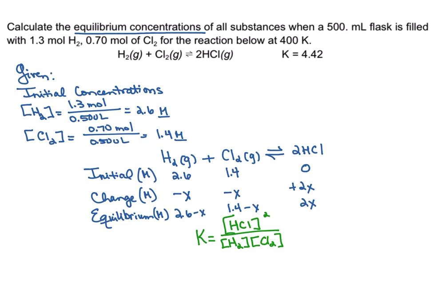All right, so we're going to start substituting some numbers so that we can solve for our x. So I'm going to rewrite that, and I'm going to start plugging in the numbers I do know.